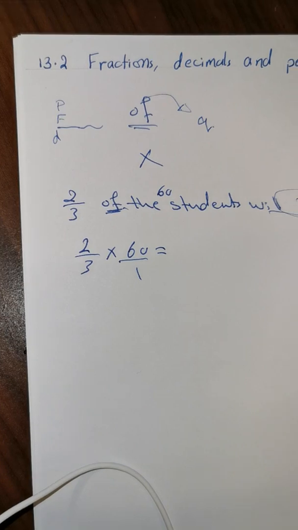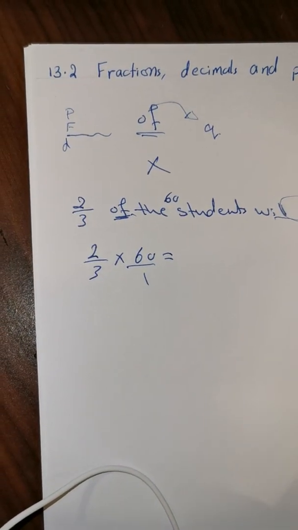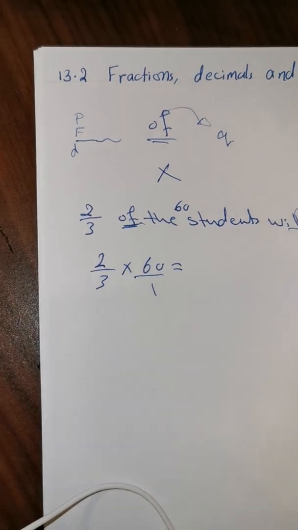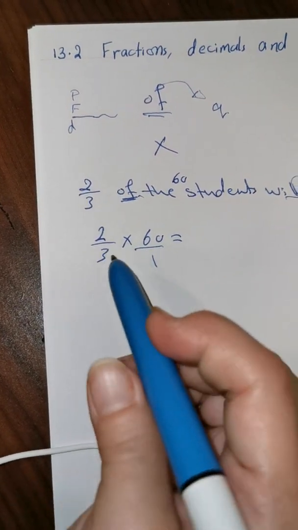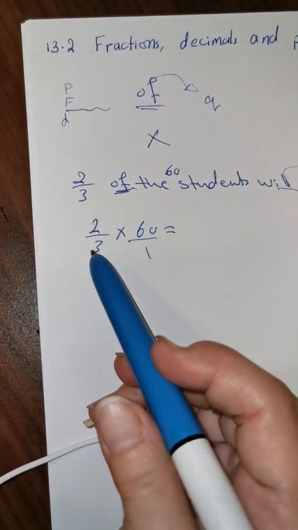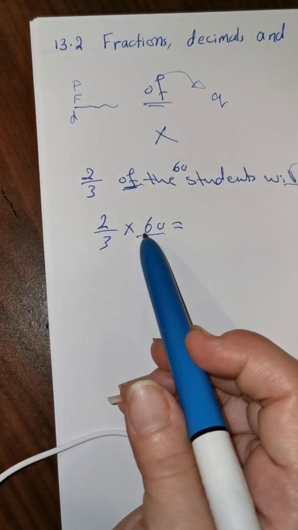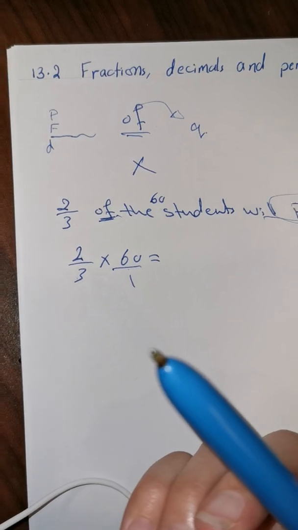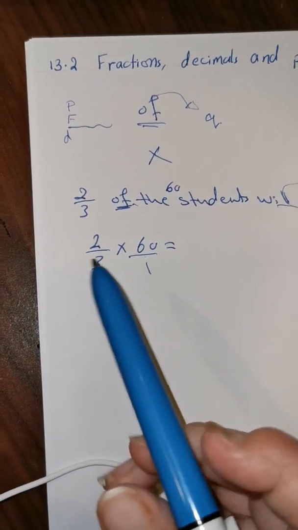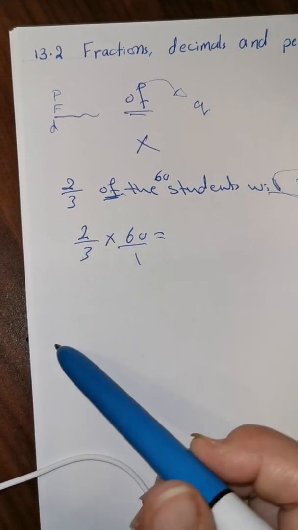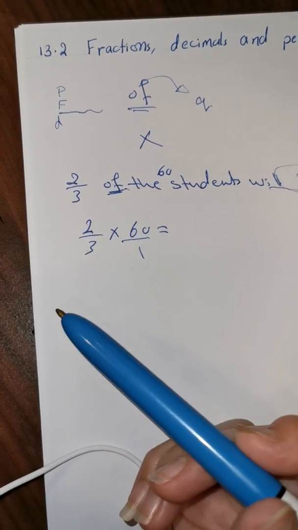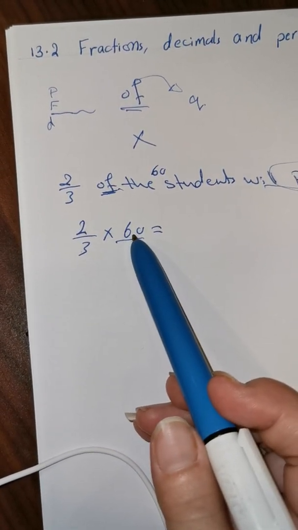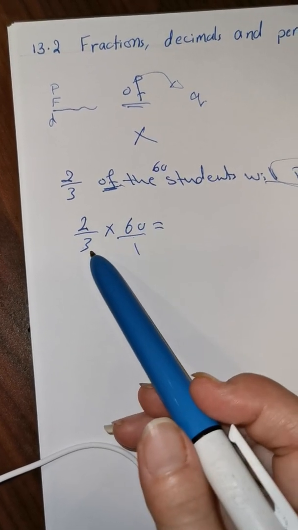خلينا نعمل last answer. You can use simplifying. You can use your calculator. وبعرف كلكم راح تستخدموا الكالكوليتر. You can simplify between 3 and 60, but you can't simplify between 2 and 60. حكينا قبل هالمرة if you need to simplify you have two conditions. لازم يكون عندك multiplication، لازم ال two numbers اللي بتعمل بيناتهم simplifying لازم يكون one of them denominator and the other one is numerator, which is 60 and 3.